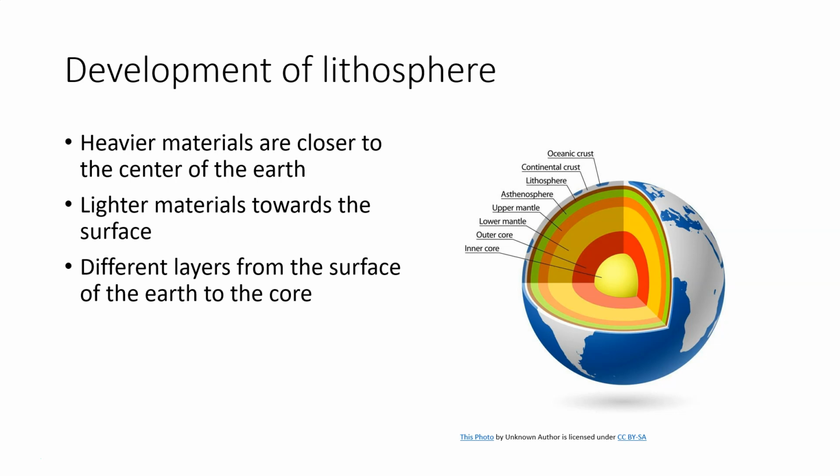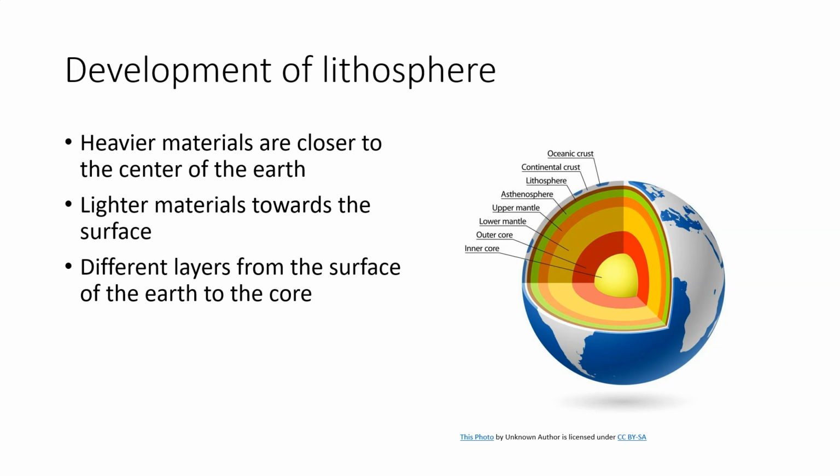This allowed heavier materials like iron, for example, to sink towards the center of the Earth, and the lighter ones to move towards the surface. And with the passage of a long period of time, the Earth cooled more, solidified and condensed into a smaller size. This in turn later led to the development of the outer surface in the form of a crust.